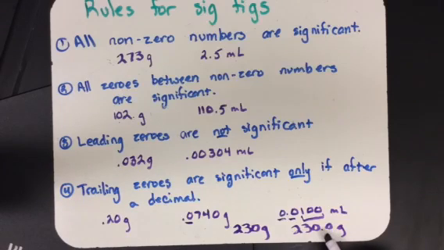The reason for this is now you have a trailing zero that is also after a decimal. So now this zero is significant, but then everything before it, up until that 2, is also significant. So here you have 4 sig figs.